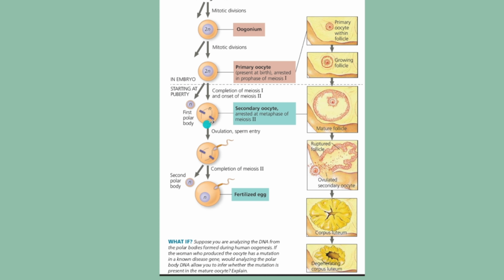Every month, a human releases one secondary oocyte. If there is no fertilization, this secondary oocyte will be released out and denatured from the female body. But if there is fertilization, it will complete meiosis 2 and produce the second polar body. This second polar body will be denatured and they will form the fertilized egg.